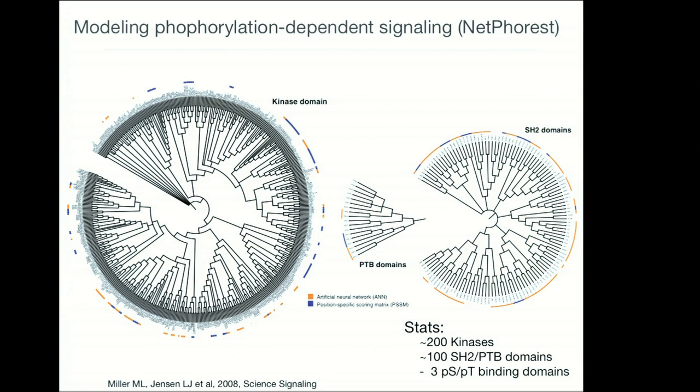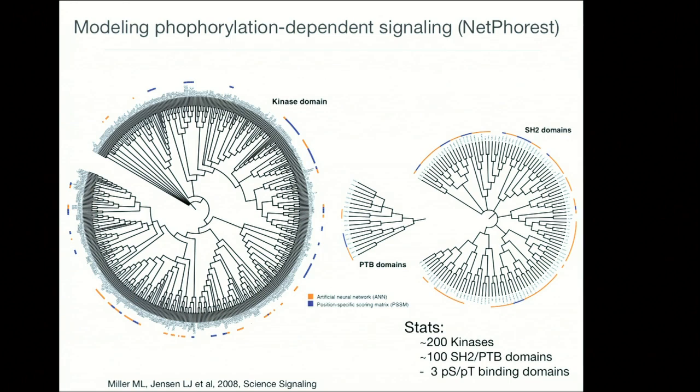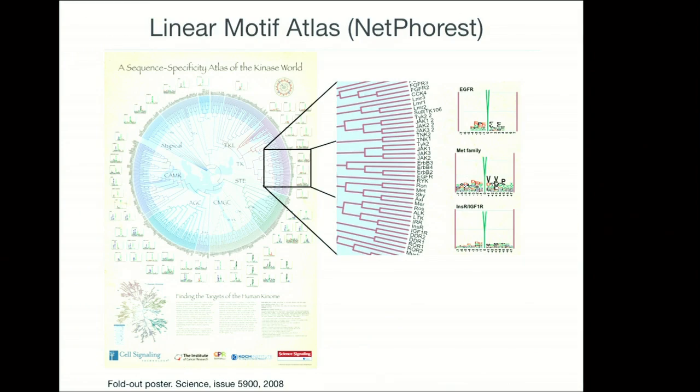So now we can see that we cover about half or a little less than half of the kinome, but most of the SH2 domains in this manner. So now we have a prediction pipeline and a prediction tool for given sites in order to classify what upstream kinases actually phosphorylate this site.